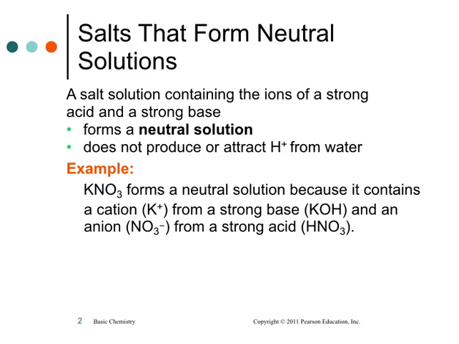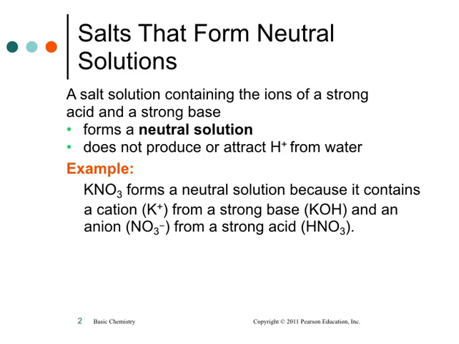Okay, so here's the first one that you're going to have to kind of put your mind around, memorize if you need to. And that is that if you have a salt that is made up of a strong, so the beginning, remember, is going to be the base. The cation is going to be the cation from a strong base. The anion is going to be the anion of a strong acid.